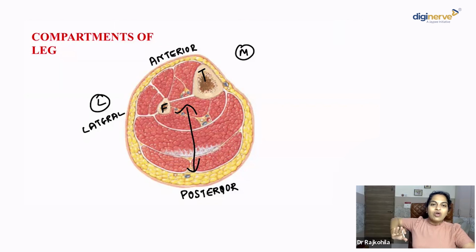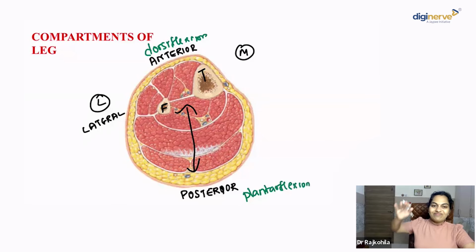They will cause dorsiflexion, right? They'll all try to elevate your ankle upwards, dorsiflexion. The muscles at the back of the leg will cause plantar flexion, right? What do the muscles in the lateral compartment of the leg do? They evert your foot. They are the everters, eversion.